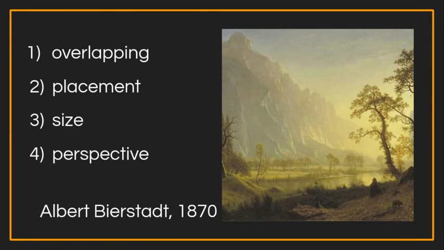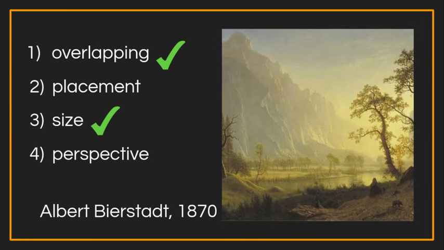Anyway, this artist, Bierstadt, used space to create these very realistic landscape images. And the ones that stick out for me is overlapping of things and the size of things, okay? We can tell that certain trees are in front of each other, or that the trees are in front of the mountains because they're overlapping, okay?